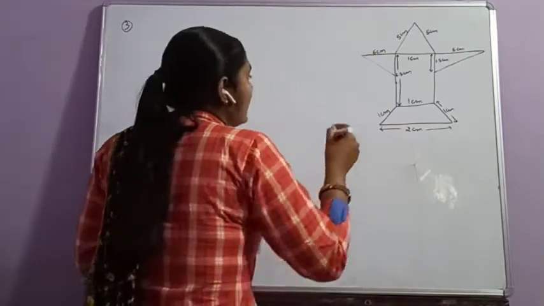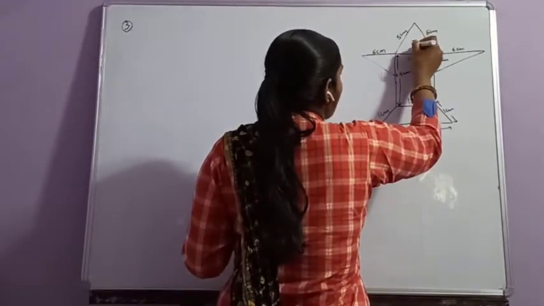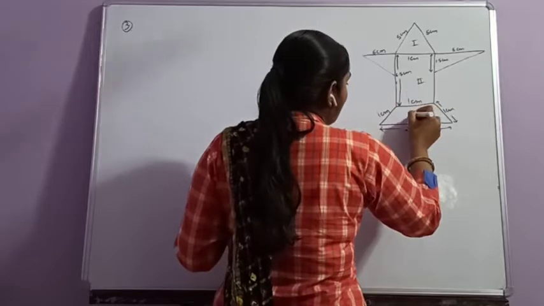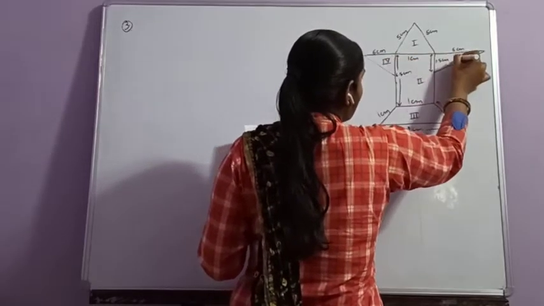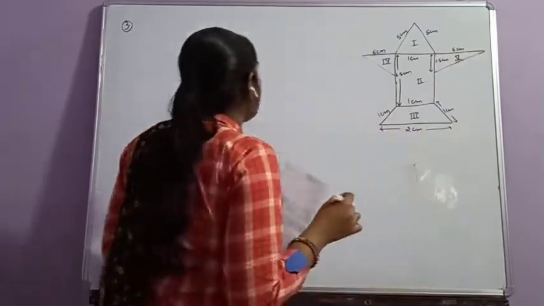Clear? It is given in parts: first part, second part, third part, fourth part and fifth part.